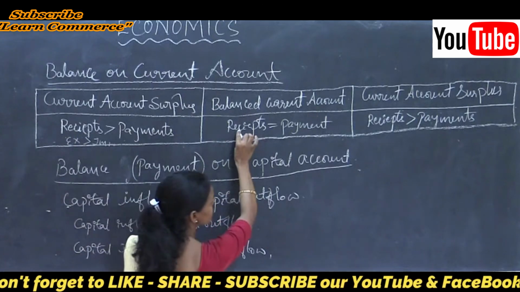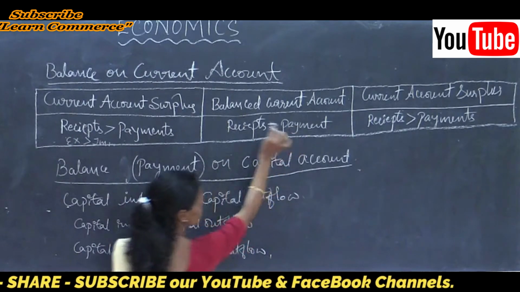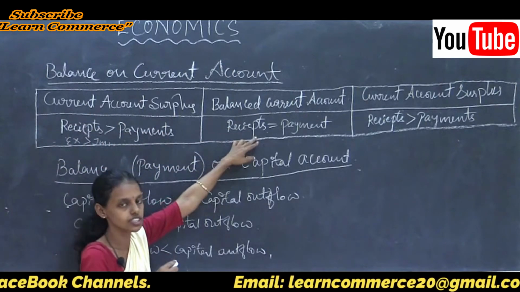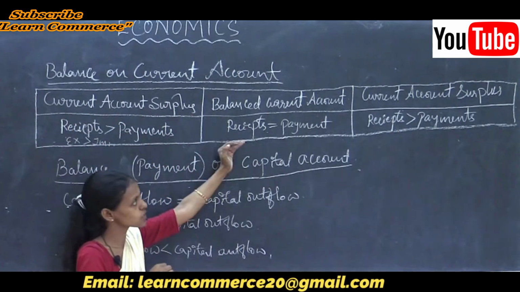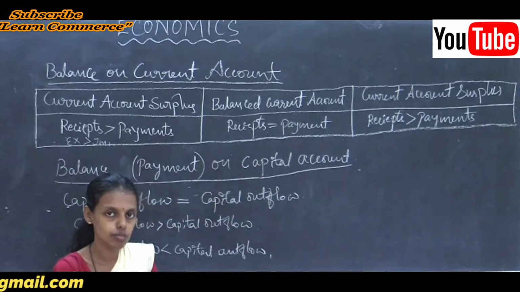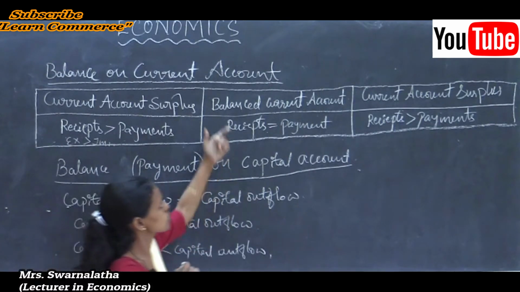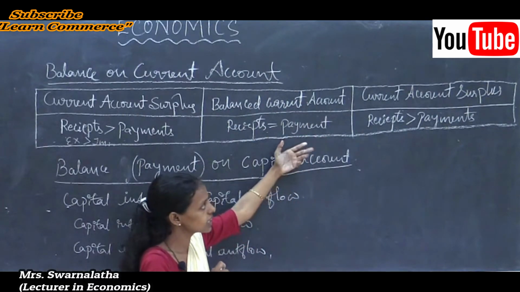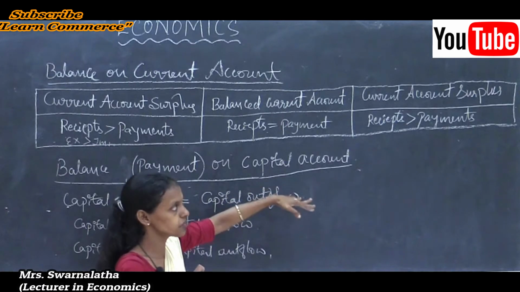Thus, when the receipts are equal to the payments, it is said to be the balanced current account. Export should be equal to import at a particular time or accounting year. Then current account deficit.